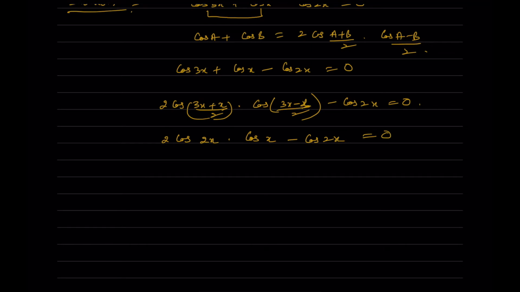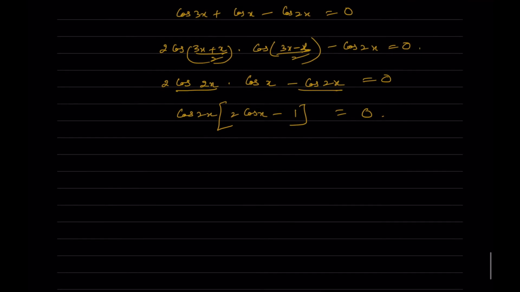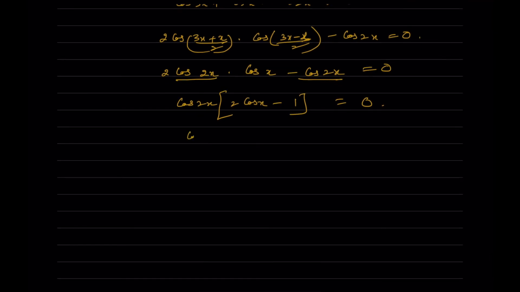Now we are having cos 2x common in both of them. If you take out cos 2x common, you are going to get 2 cos x minus 1 is equal to 0. So now we have either cos 2x is equal to 0 or 2 cos x minus 1 is equal to 0. We have one of these two.